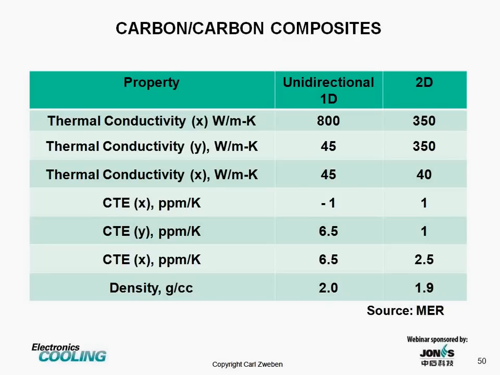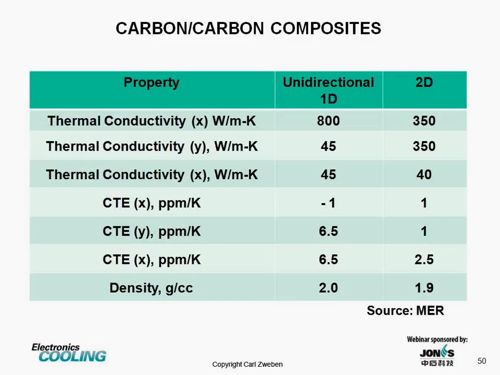I guess the last composite is a carbon-carbon composite. This is a material consisting of a carbon matrix, in this case reinforced with thermally conductive carbon fibers. If we align all the fibers in one direction, we can get an in-plane thermal conductivity as high as 800 watts per meter Kelvin. So it's sort of functioning like a heat pipe.